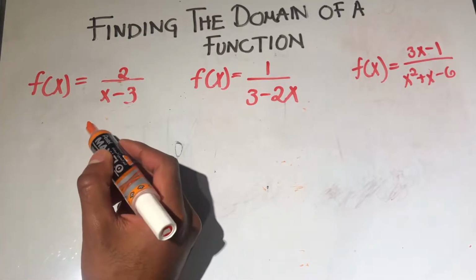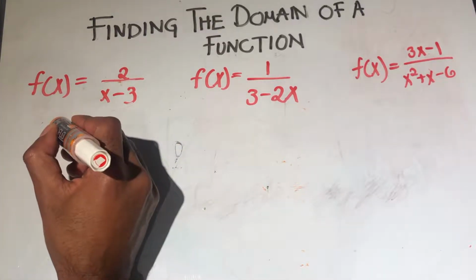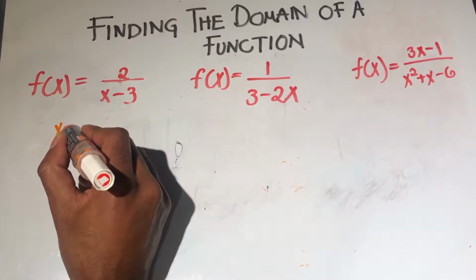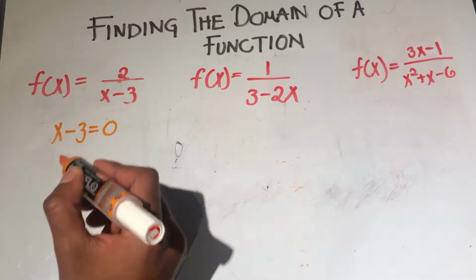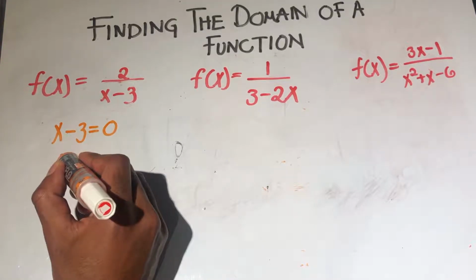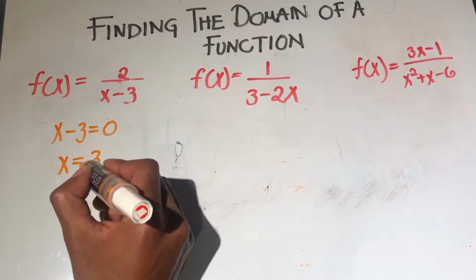For the first equation here, we have x minus 3 in the denominator. So all we got to do is set the denominator equal to 0 and solve for x. X eventually is going to give us 3.